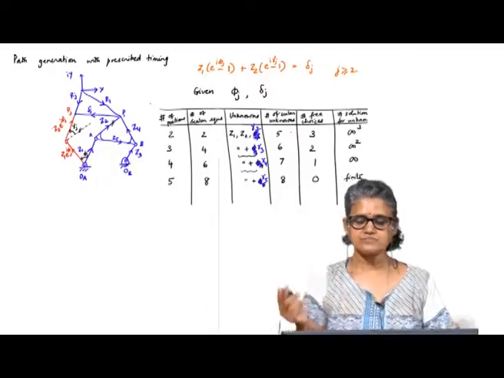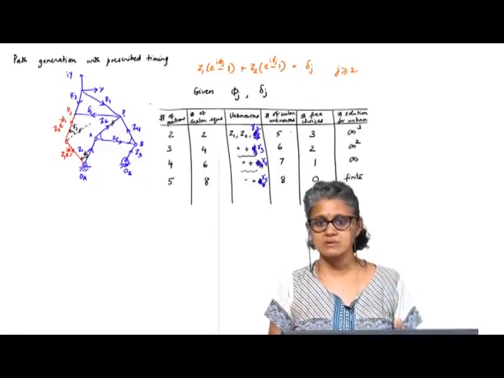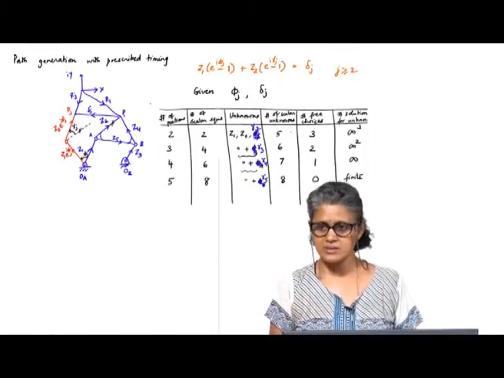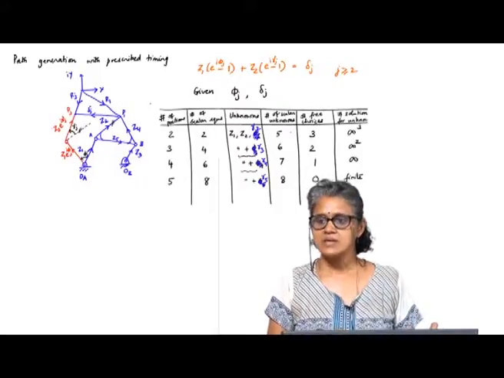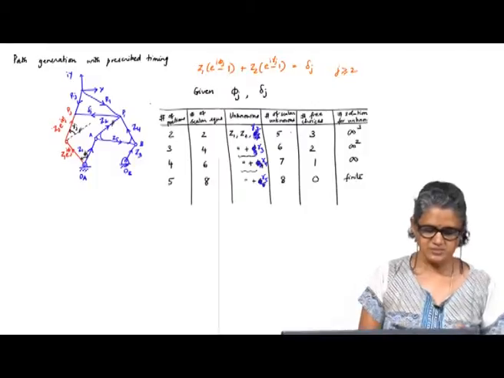Okay. So you can work that out and see how many positions you can go for a path generation problem where you do not care about how it is coordinated with the input angle. Okay. So that is that.